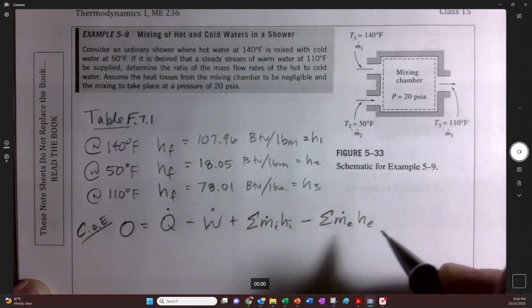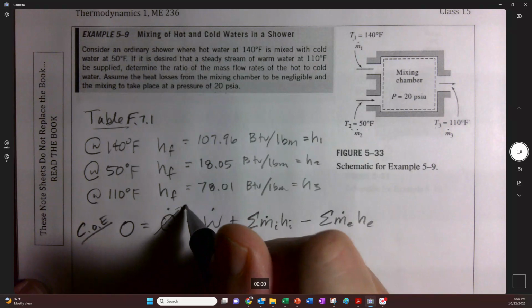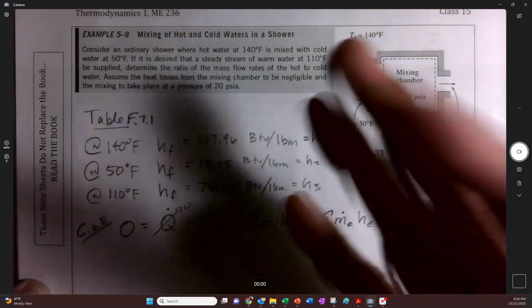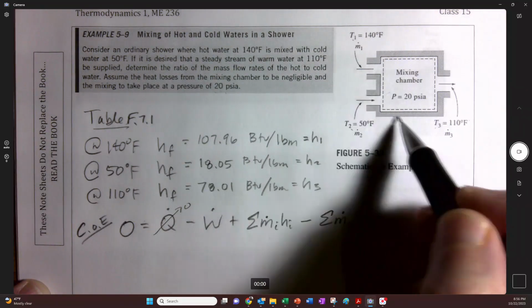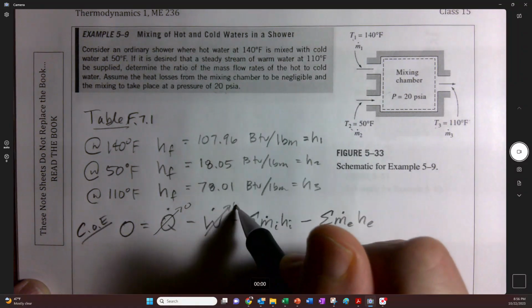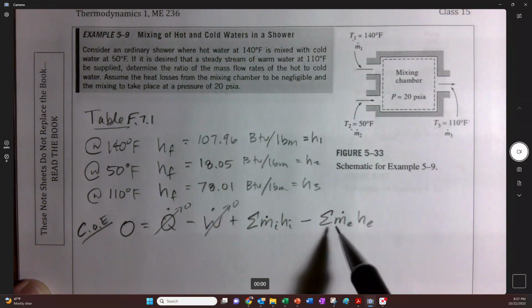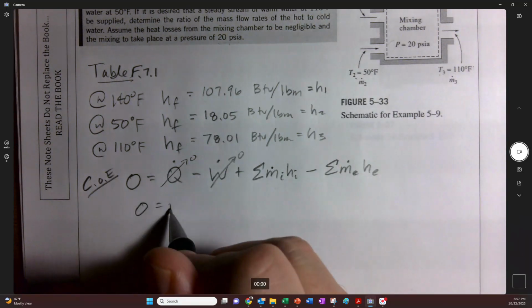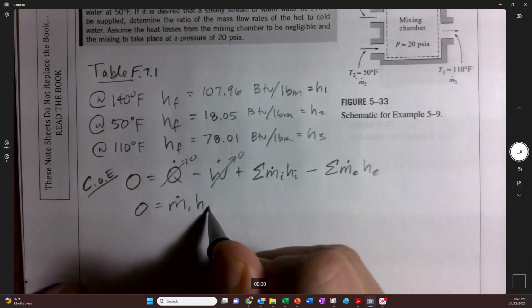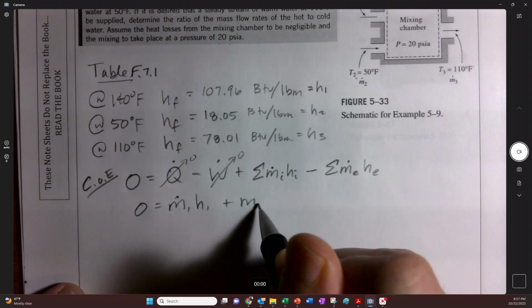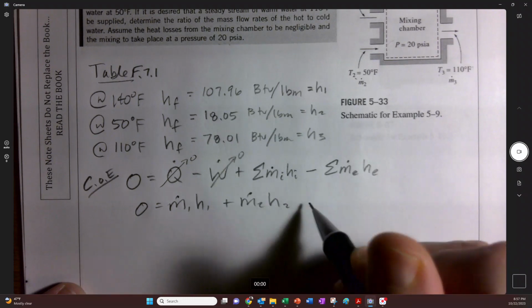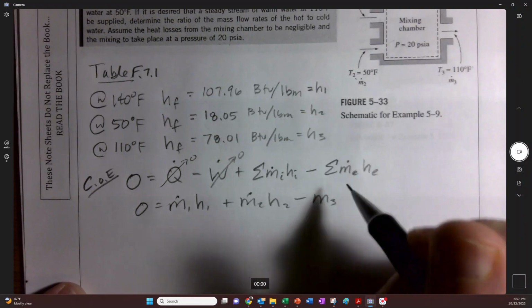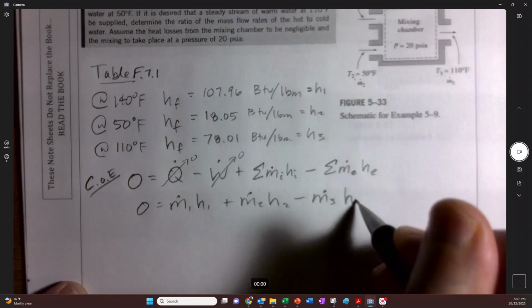But if it's insulated, there's no heat transfer outside of the drawn control volume, and there's no work crossing the boundaries. So all we're left with is m1 dot h1 plus m2 dot h2 minus m3 dot h3.